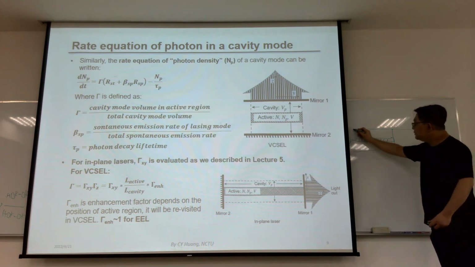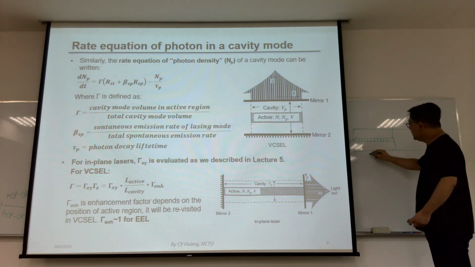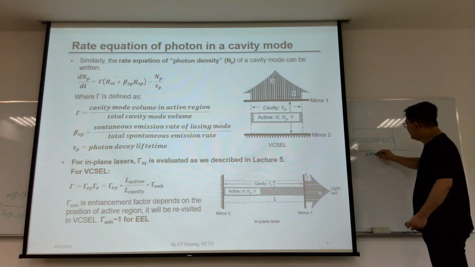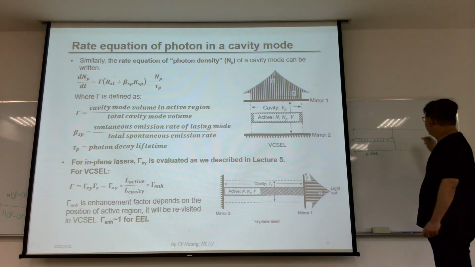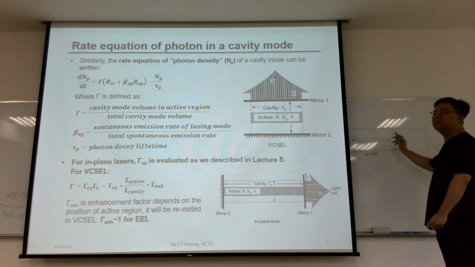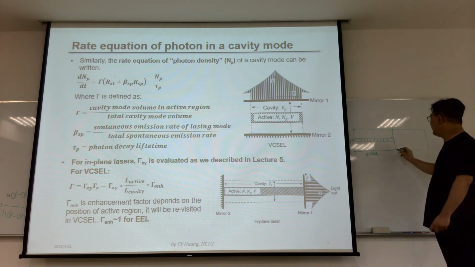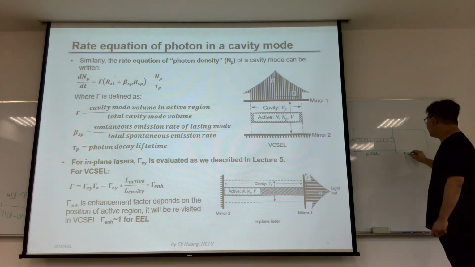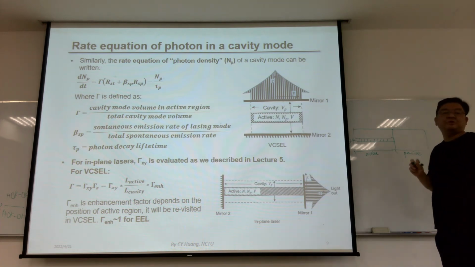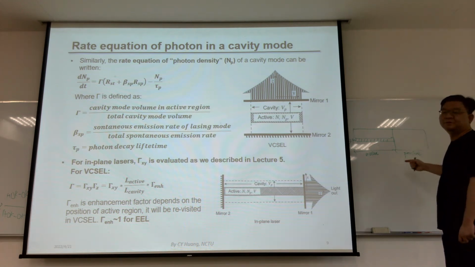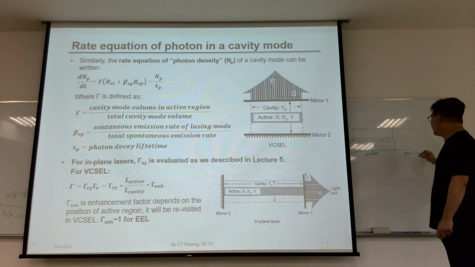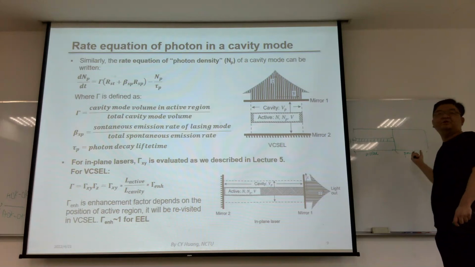So this is called the active region. And the other part with no quantum well, which is not emitting light, is called the passive region. You might be interested in why we have a passive region. Yeah, that's a very good question. We will take probably 2 weeks to explain why a passive region might be useful.